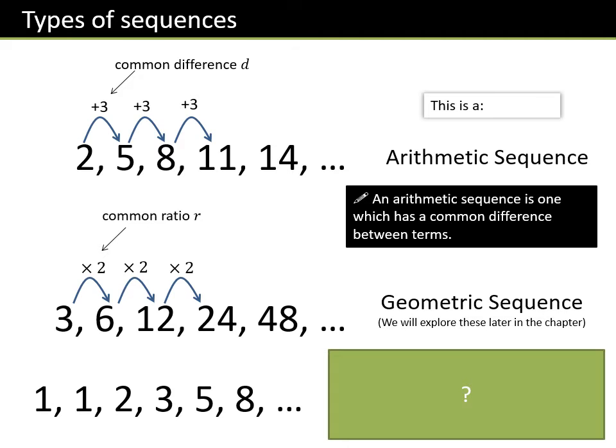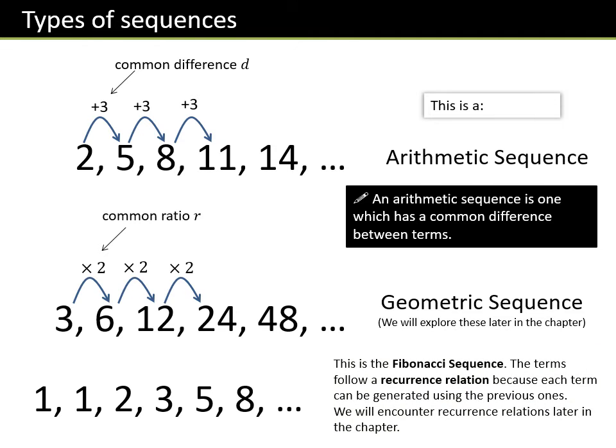The other type that we will be looking at in this chapter is recurrence relations, and that's where the term in a sequence is determined by the preceding term or terms. So, for example, Fibonacci sequence. Each term is generated using the previous terms, and we'll come on to those recurrence relations later.